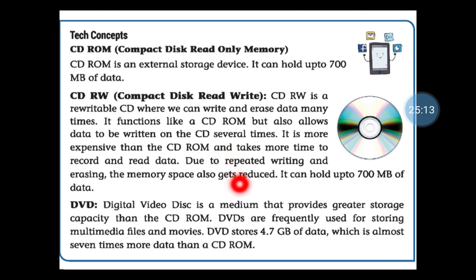Next one is DVD. DVD means digital video disc, a medium that provides greater storage capacity than the CD-ROM. DVDs are frequently used for storing multimedia files and movies. DVD stores 4.7 GB of data, which is almost 7 times more than the CD-ROM.